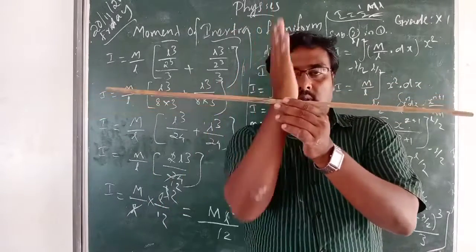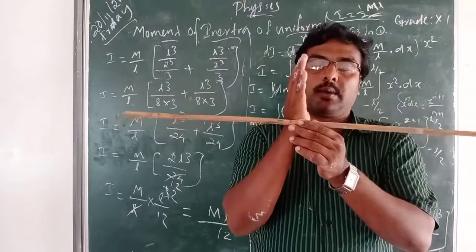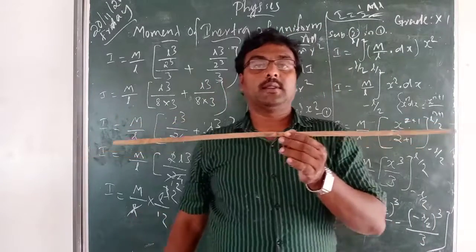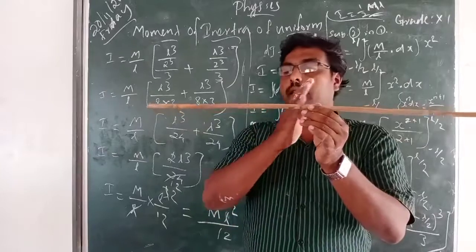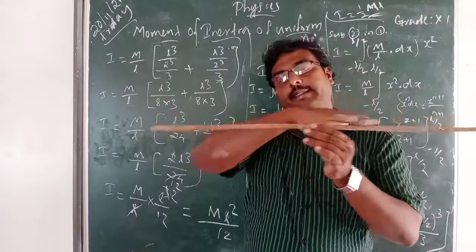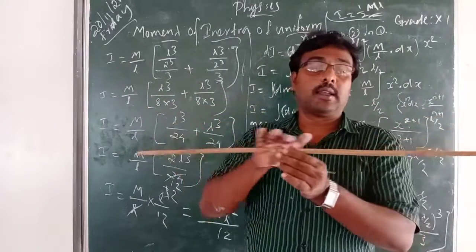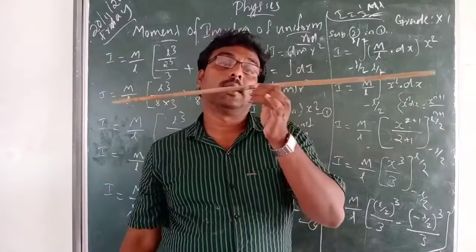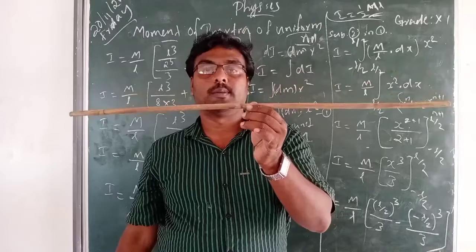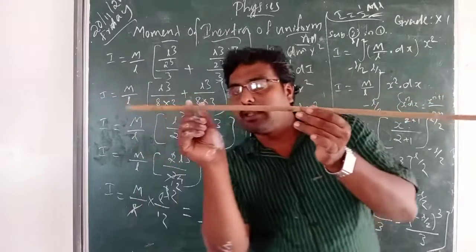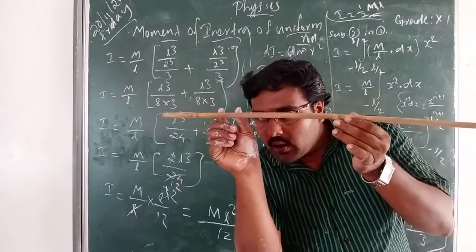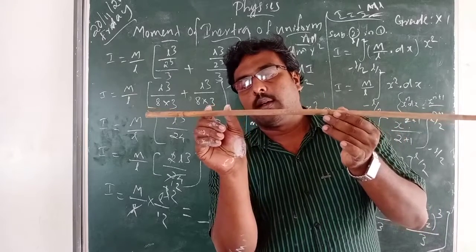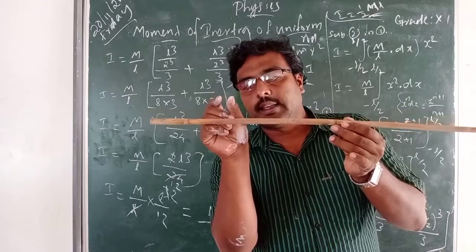That means this rod is kept on the x-axis and its length is L. Now we want to find the moment of inertia of this uniform rod. For that I am choosing a small portion, dm, and its length is dx.